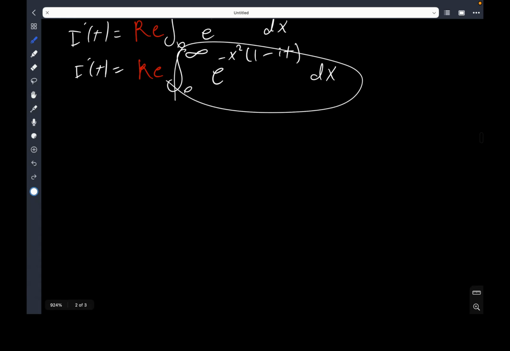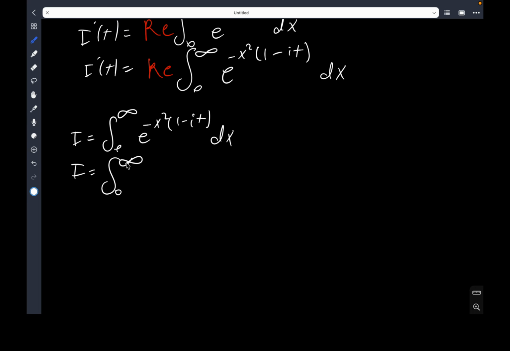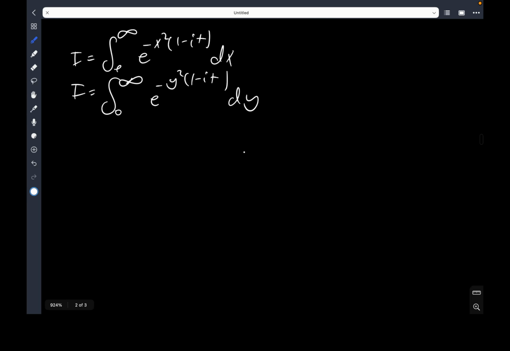Here I'm going to define I as the integral from 0 to infinity of e to the negative x squared (1 minus it) dx, and I another time as the integral from 0 to infinity of e to the negative y squared times (1 minus it) dy. If I multiply these two integrals together, I'm going to get a double integral.